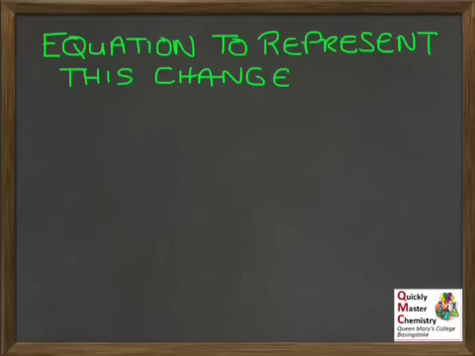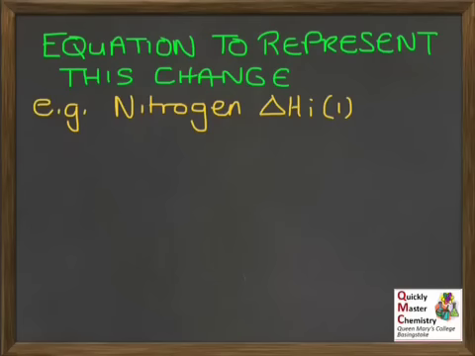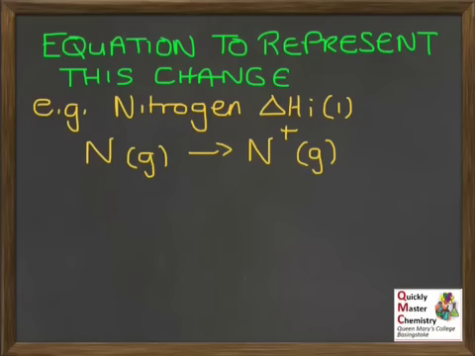As an example, let's look at nitrogen then. So the first ionisation enthalpy of nitrogen, and if we work through the definition, we're going to have atoms in the gas state, and 1 mole of them, so we don't need any balancing coefficient in front of it. And then we're going to take an electron off to make a 1+ ion in the gas state, therefore.